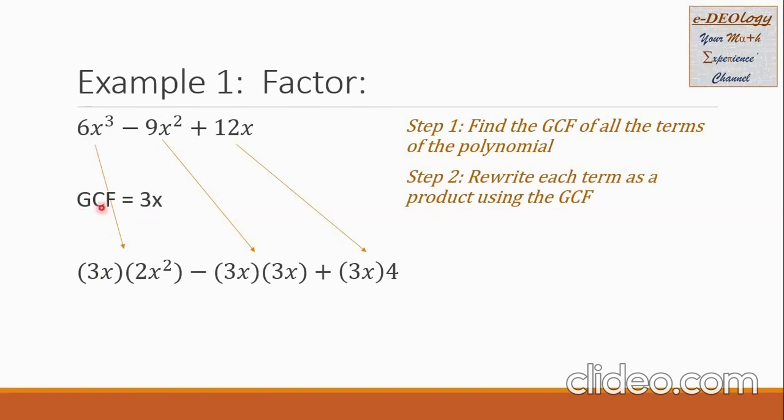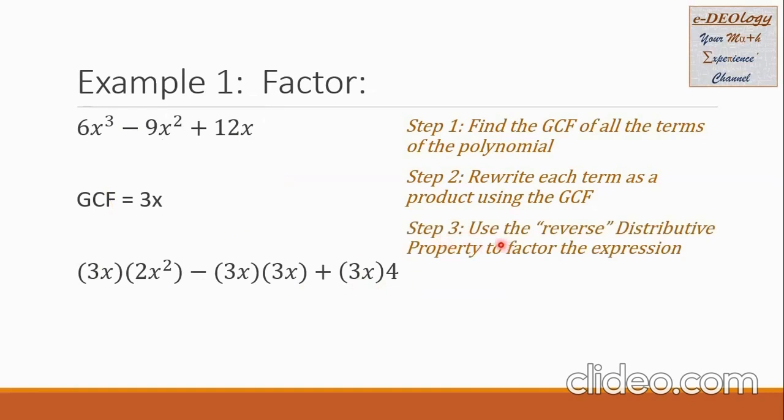So the 6x cubed is now factored out into 3x and 2x squared. The second term, negative 9x squared, is now factored out into negative 3x, the GCF, times 3x. For the 12x, the factors are the GCF 3x and the number 4.